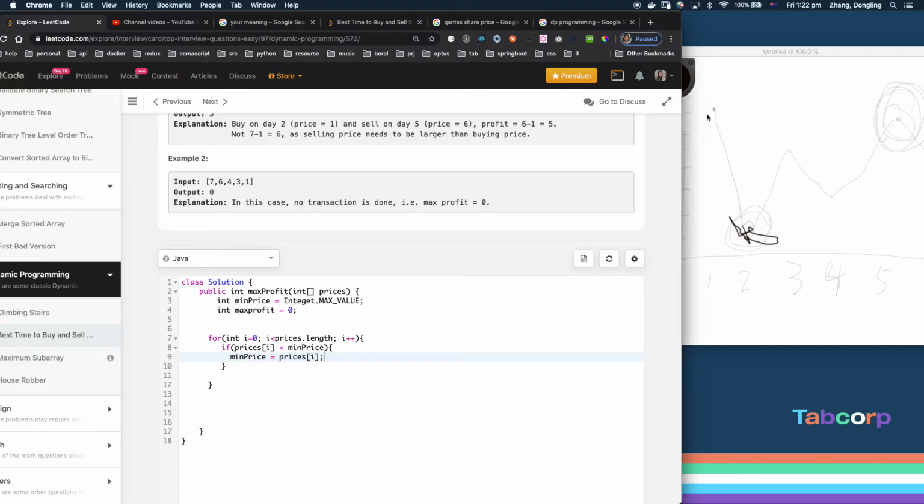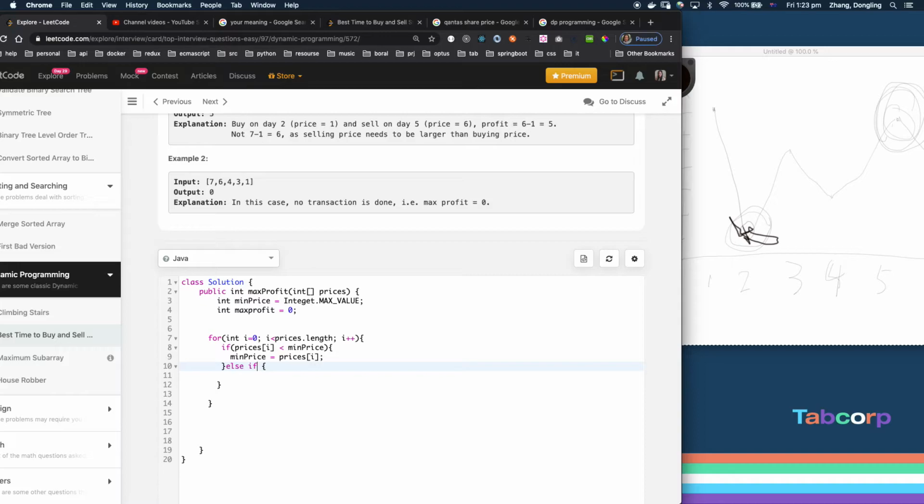The first time you come in, the min price is the biggest integer, so it becomes the first price. The second time, you compare, and because this one is smaller, it is updated. The third time it won't update, since they are all bigger. After you compare, each time you also get the max profit.